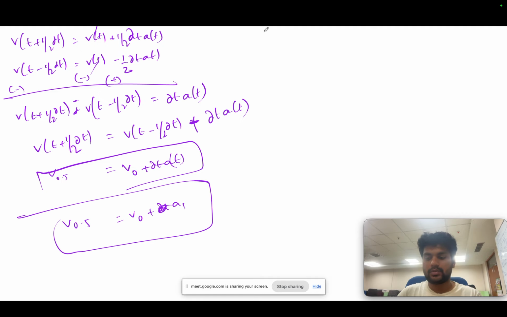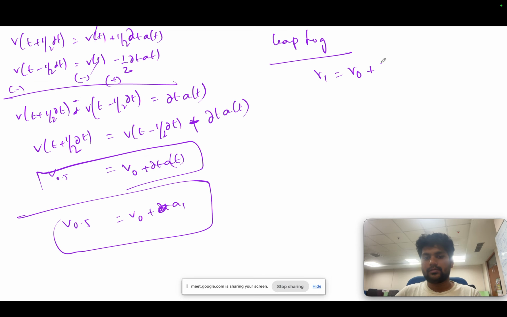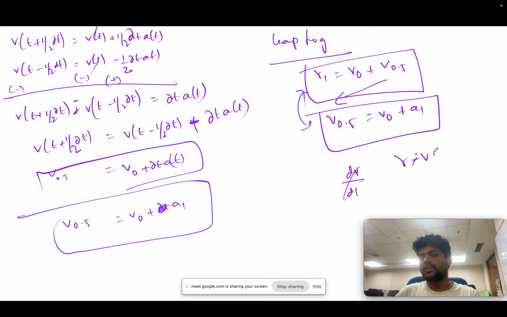You understand, right? Suppose you want to get this from the leapfrog, it's simple. If you want to find out r1, you need to have the command of v 0.5. To find out v 0.5, we need to have this. In this way we are getting the dr, so we are considering the positions and velocities both together in the leapfrog.